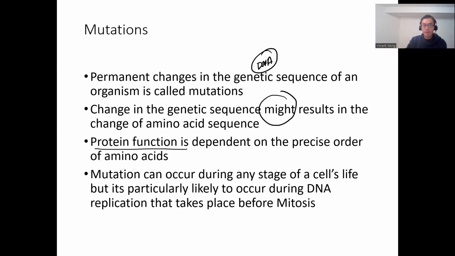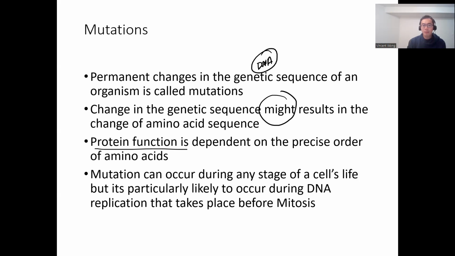As we know, protein function is dependent on the order of amino acids. So if you change the amino acid sequence, it's likely you will affect the protein's function. But again, as you will see, that is not guaranteed to happen. It's possible to change the protein sequence and have little effect on its function.